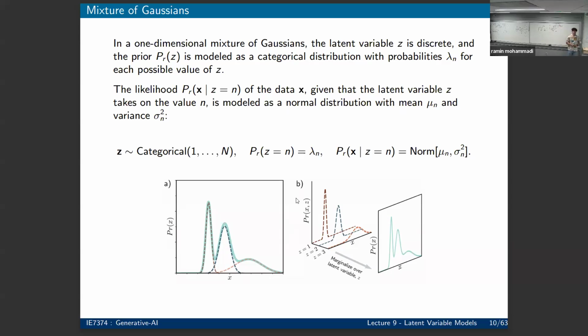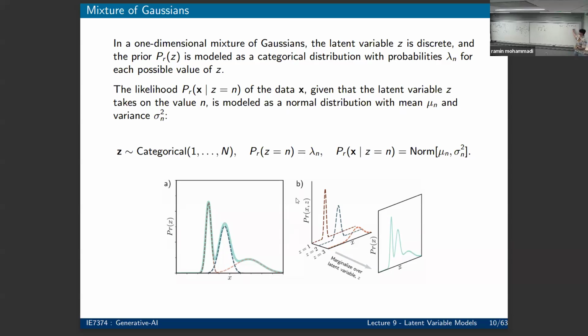Now when you have a mixture of Gaussians, the idea is that you have a summation over the prior per class, with i from 1 to K depending on how many classes you have, times a Gaussian for class i with mean mu i and variance or covariance sigma i, depending on the dimension.